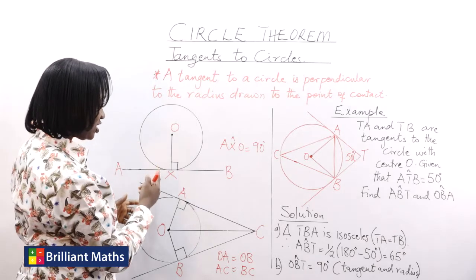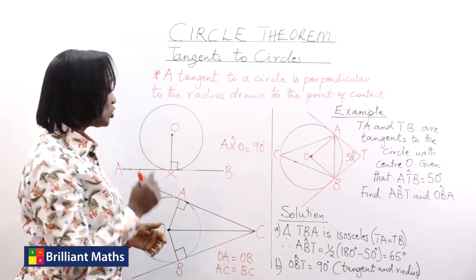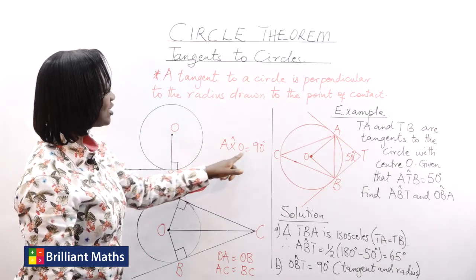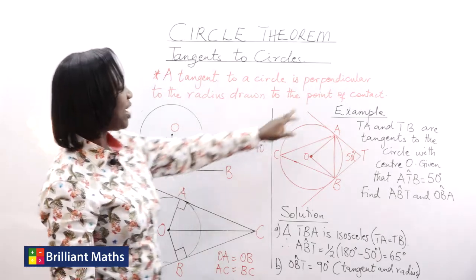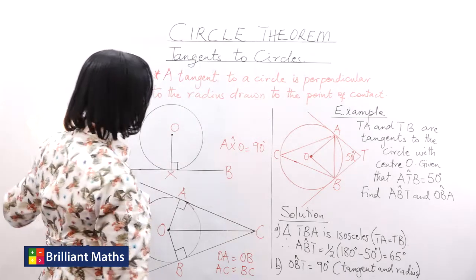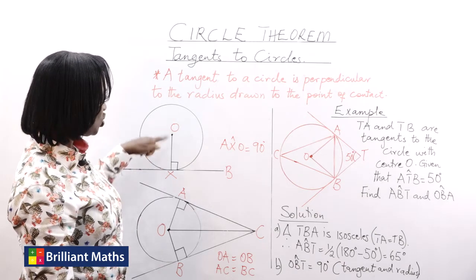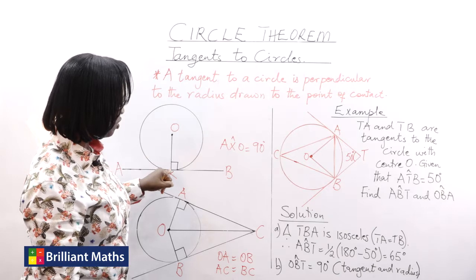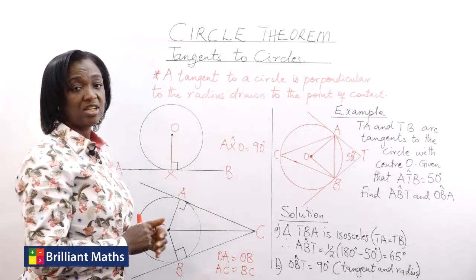The line AB touches the circle at point X, so the theorem says that angle AXO is 90 degrees. That's what we mean by perpendicular. So you draw the radius to the point of contact with a tangent, and the angle there is 90 degrees.